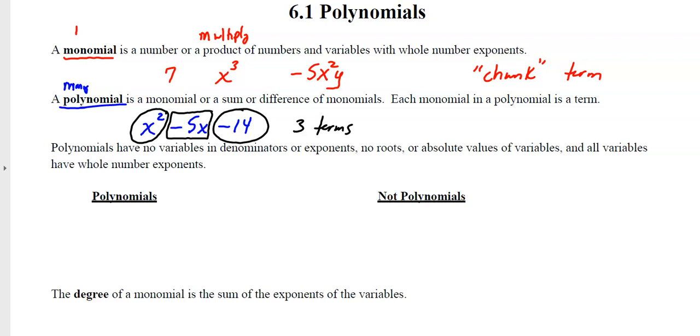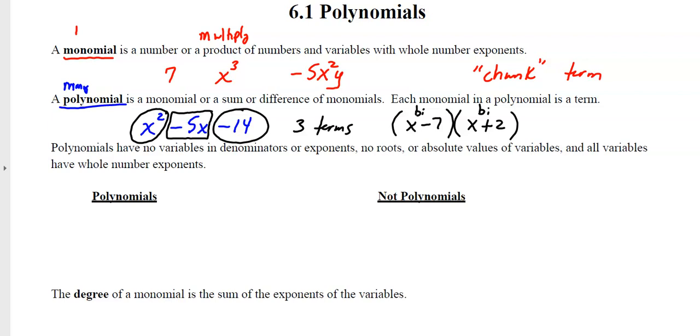If we were to factor that, we could find 2 numbers that multiply together to make negative 14 and add to make negative 5. Well, those are called binomials. So this would be a binomial times another binomial, and it ends up being a trinomial at the end.